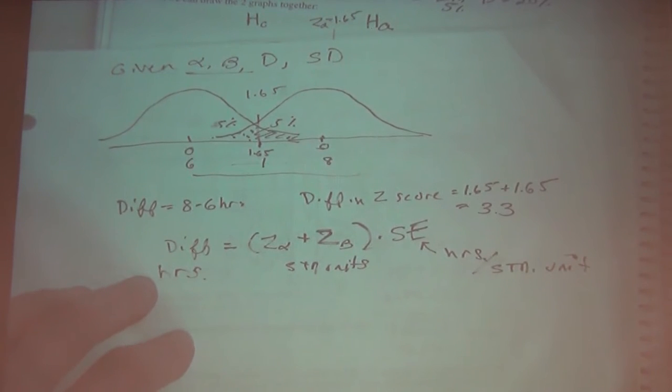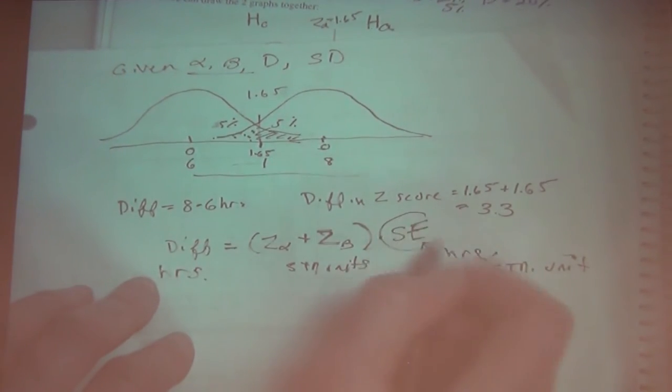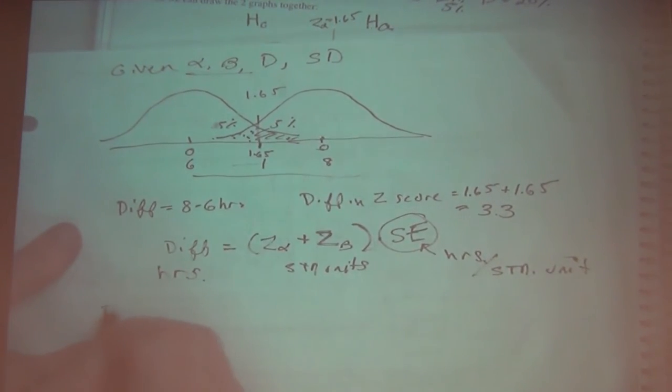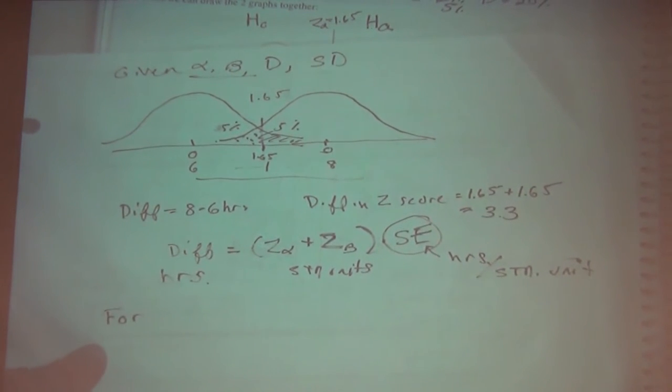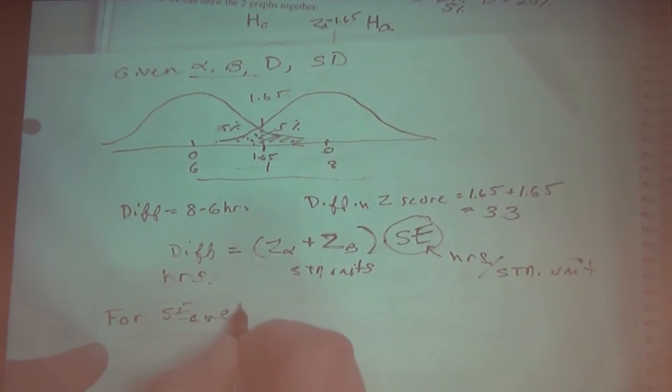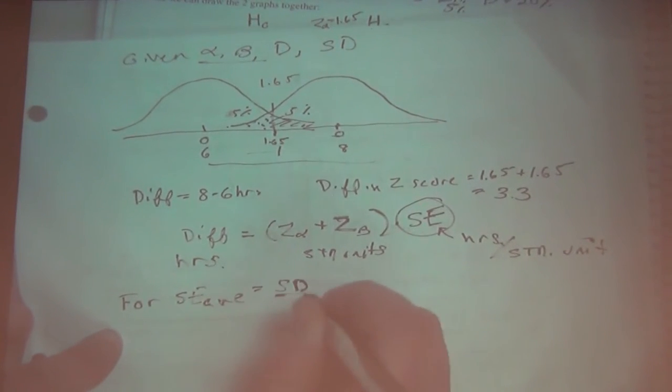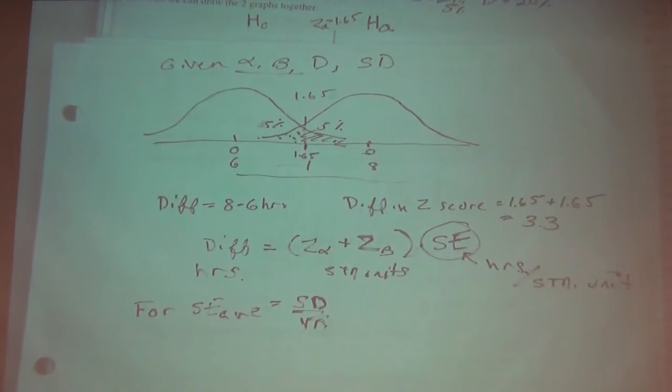And the reason why I'm showing it this way is because this standard error is going to change. It's SD over square root of n, right? For one sample, for the standard error for the average, we have SD over the square root of n.